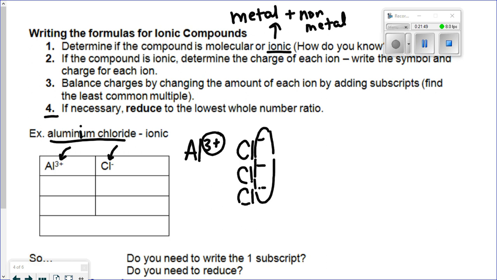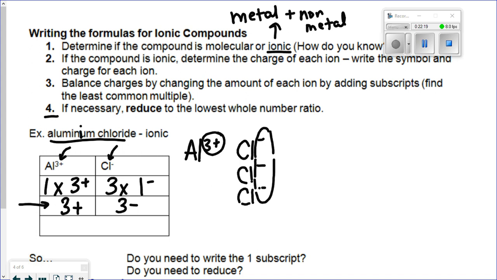So what I actually needed is 1 times that 3 positive charge, and 3 times that 1 negative charge to get a total charge of 3 negative. You want this number to be the same. You want to have your charges balanced, the same number of positive charges as negative charges.